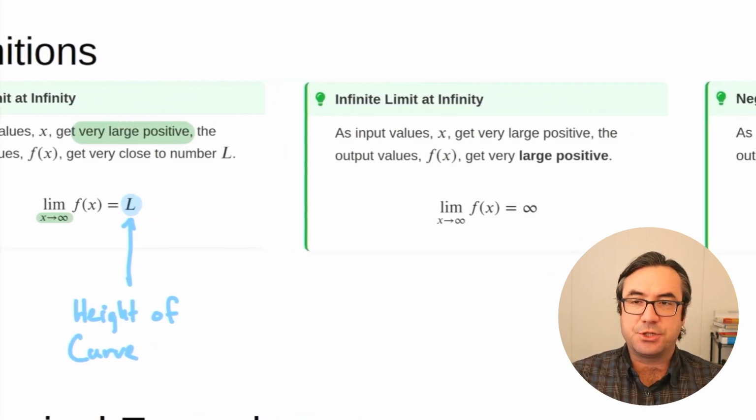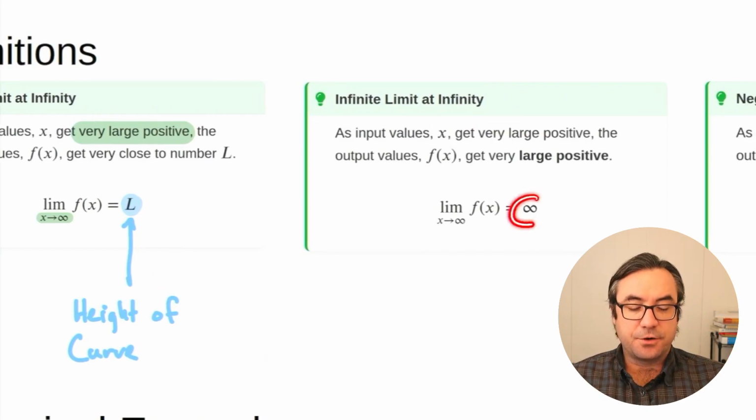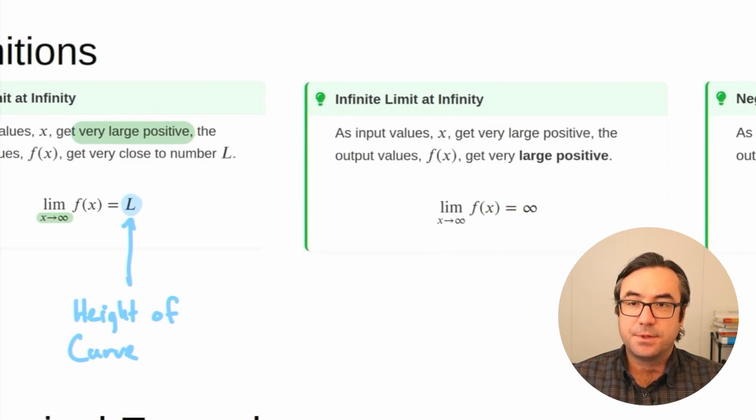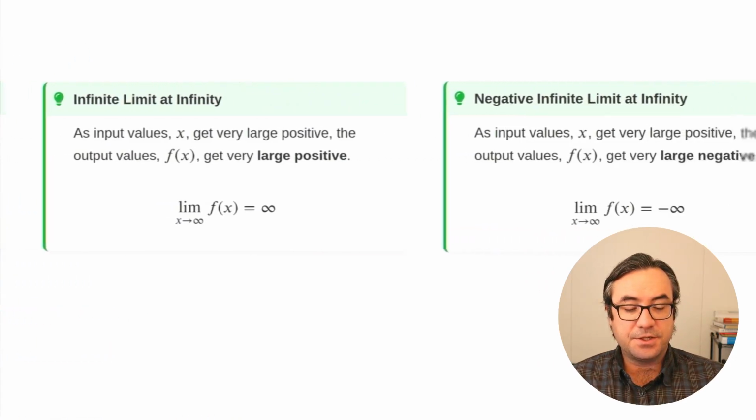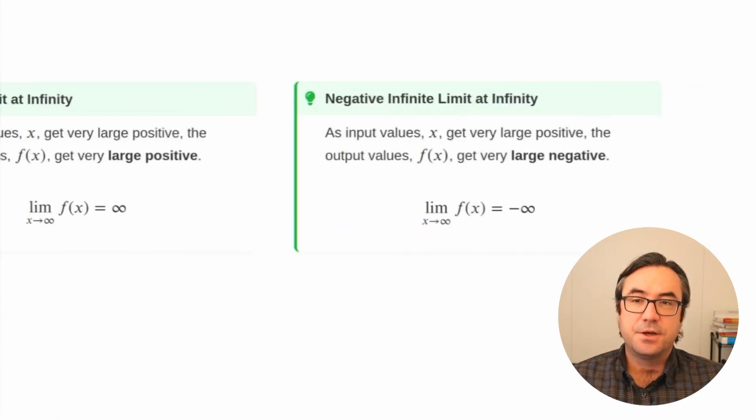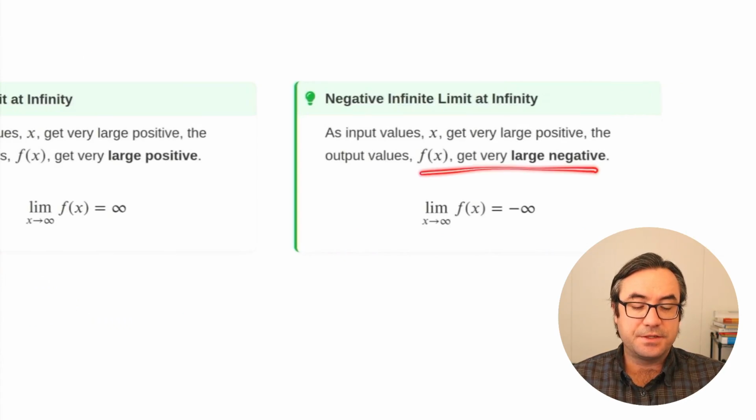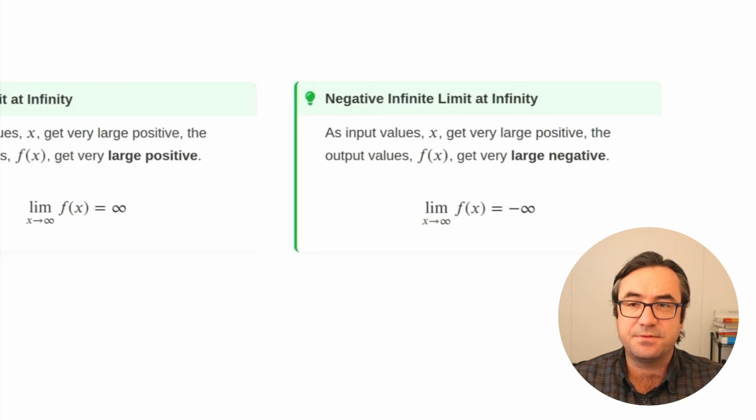Now, there are other options. The height of our curve could get bigger and bigger. So in that case, we write the limit of the function is infinite. And then we could also have the case where the height of our curve is getting large negative. And we write that the limit is equal to minus infinity.